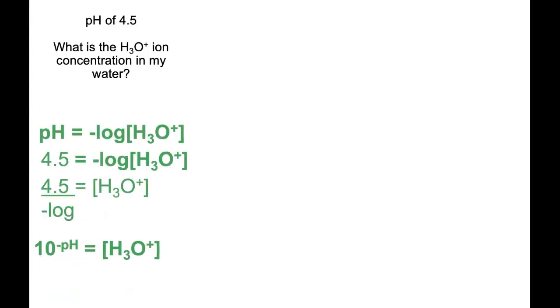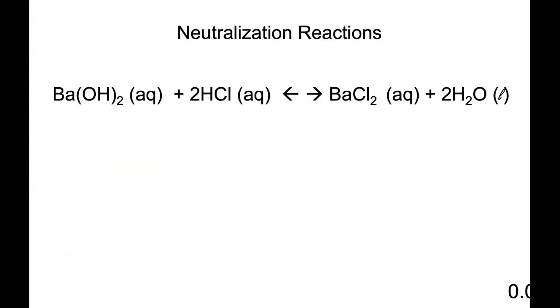The way that we do this is you would take 10 and raise that to the power of the negative pH, so negative 4.5, and that will give you the hydrogen ion or hydronium ion concentration. You will need to be able to do that.